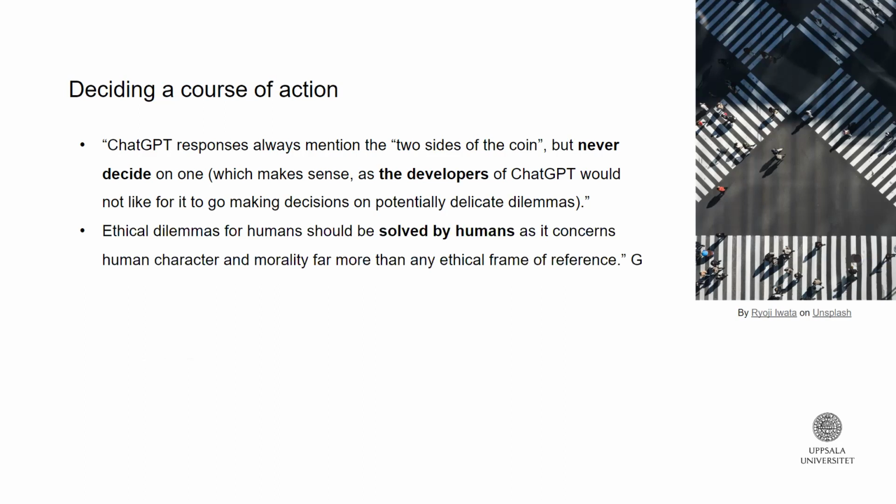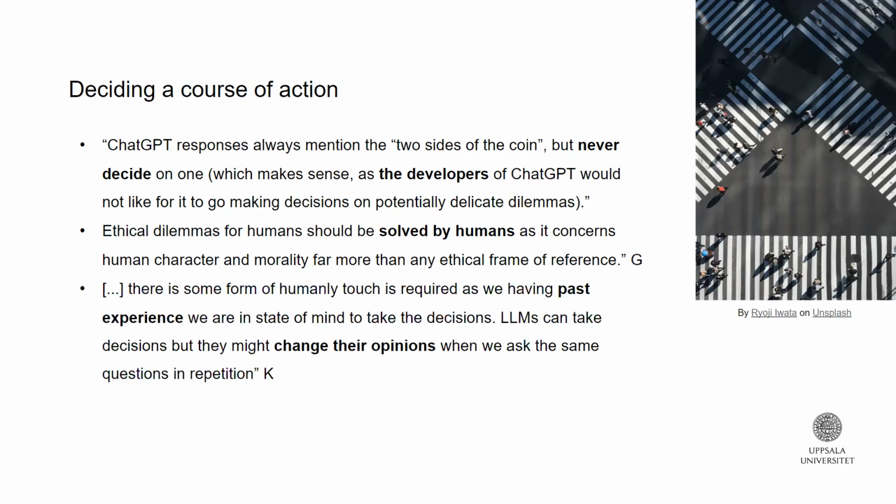Quite a few groups were going in this direction, that ethical dilemmas for humans should be solved by humans. And then, since these are, remember, computer science students, they're also thinking about the implementation of ChatGPT. For this first part, I'm not exactly sure what they mean. There is some form of human touch that is required, as we as humans have past experience, and then we're in a state of mind to make the decisions.